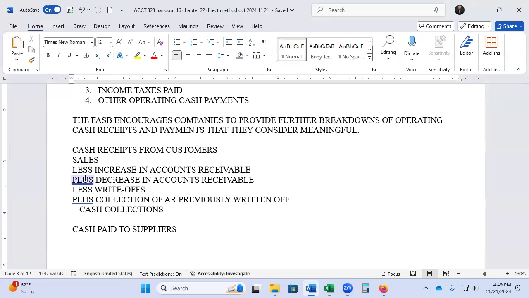Now for your cash paid to suppliers, you start with cost of goods sold. Less a decrease in inventory. Plus an increase in inventory.